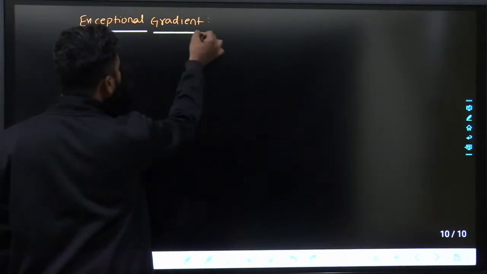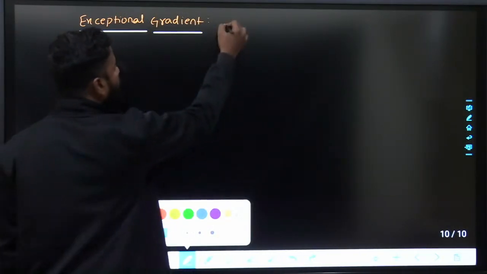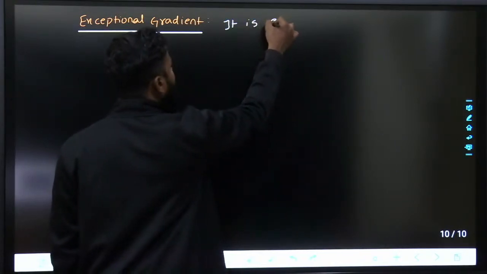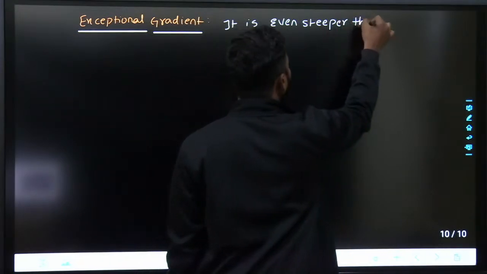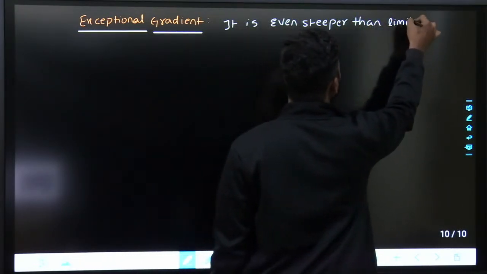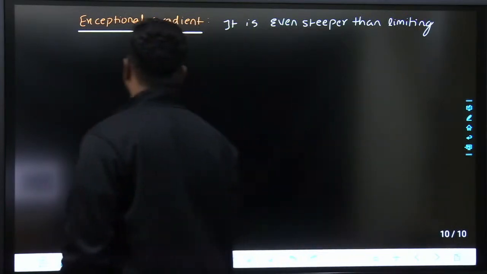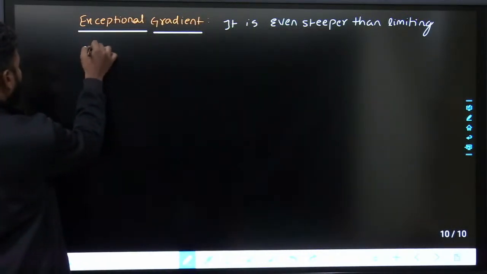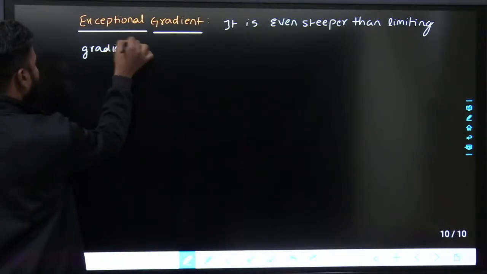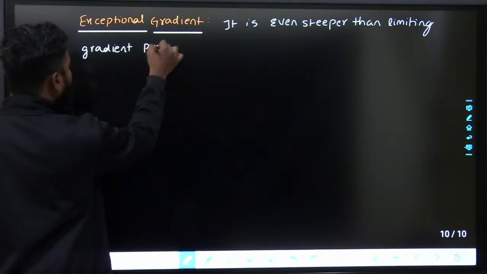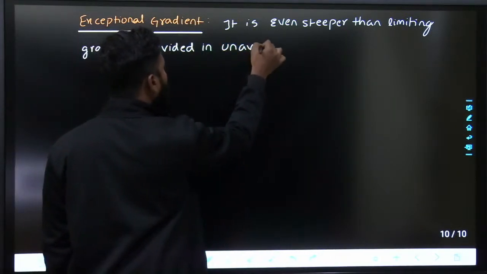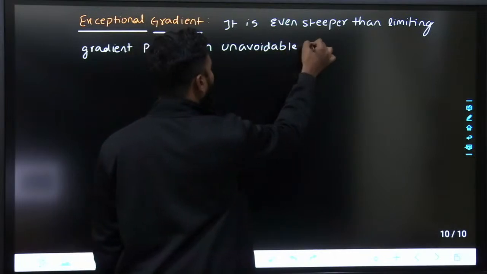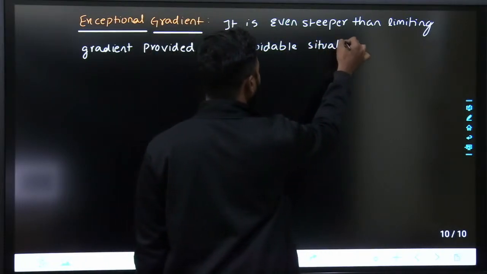Exceptional gradient is even steeper than limiting gradient, provided in unavoidable situations.